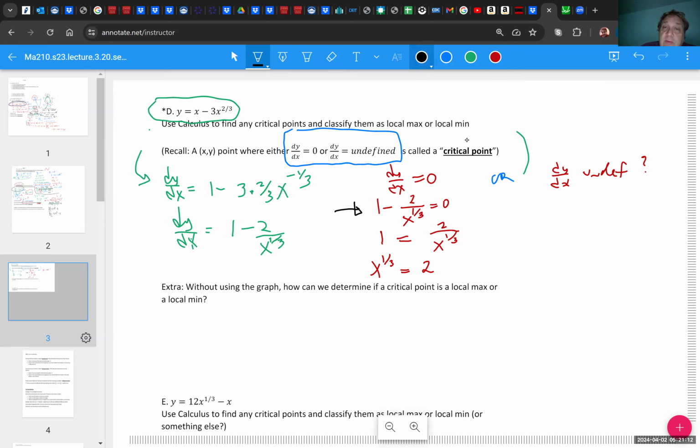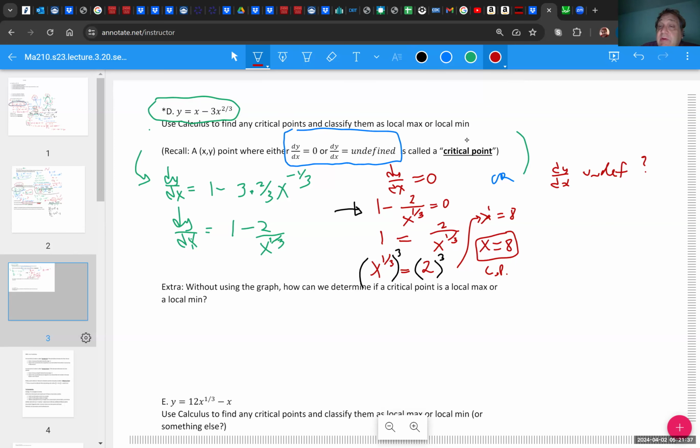And then if you want to solve this for x, you have to get rid of the 1/3 exponent, which means I'm going to raise it to the third power because 1/3 times 3 is 1. And that gives just x to the 1 equaling 8. X to the 1 is the same as x. So we get x equals 8 is a critical point.